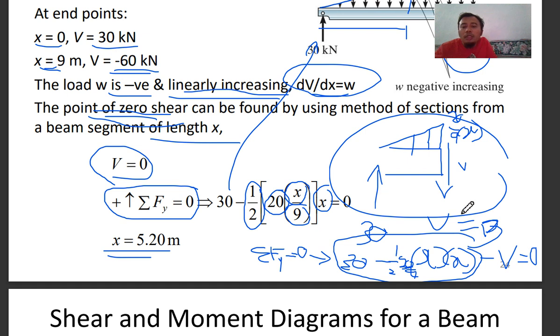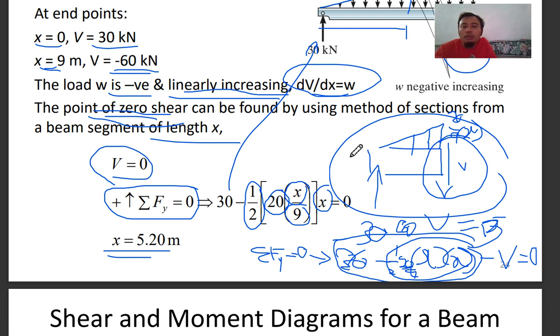But since we assume that V is negative downward, your graph will be a positive value. If you get a negative value, let's say the value of triangle is larger than 30, you get here like 60. So you get a negative value over here, so your V is equal to negative.